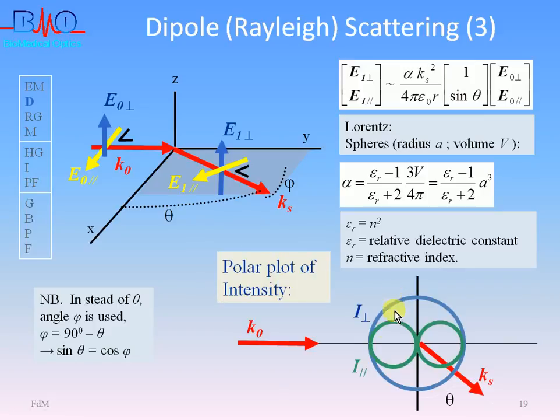And then we can write the polar plot of the intensity. K0 is the wave vector for the incident field, and Ks the scattered wave vector. Then for the perpendicular case we have a circle, that's at 1, and for the parallel case we have the sine or the cosine function.